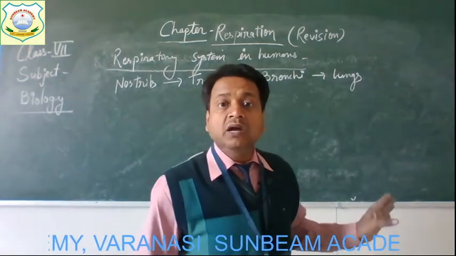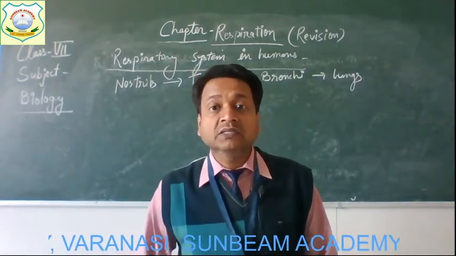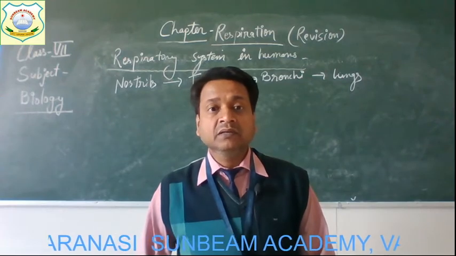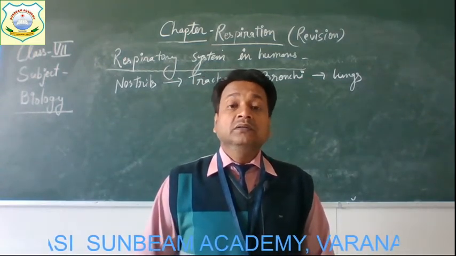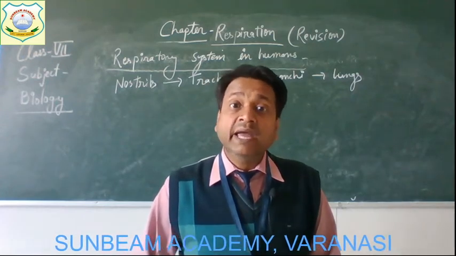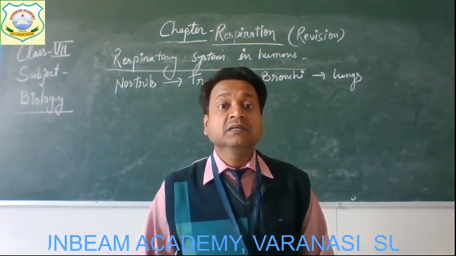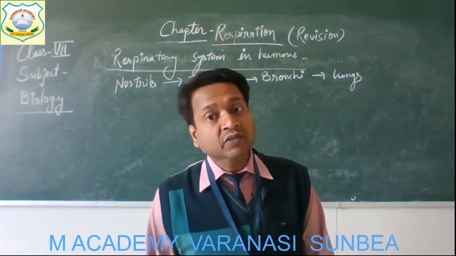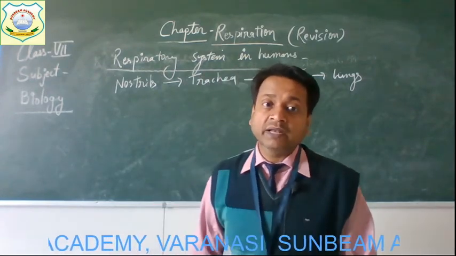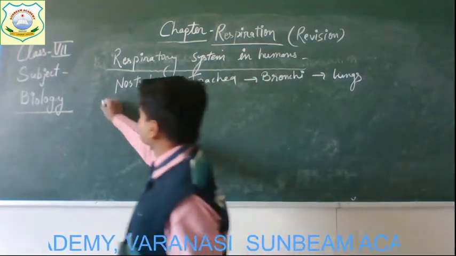So these are the main organs of the respiratory system in humans. Now, the respiratory system, as we have discussed, is divided into two parts: breathing and cellular respiration. So let us come one by one.